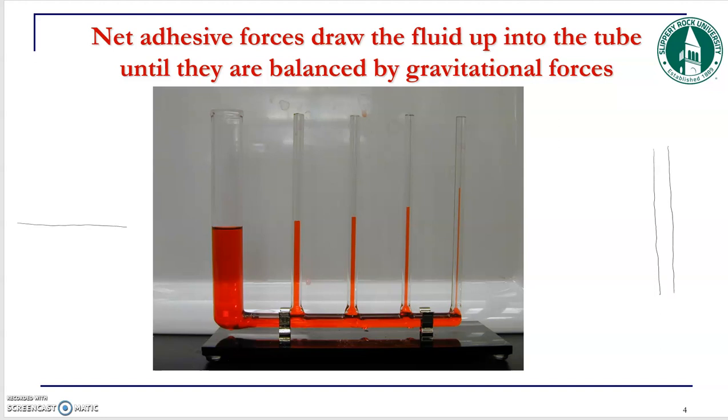So consider that you have a horizontal tube, this is a narrow tube, and you put it in contact with water, and assume that this tube is water wet. So it means that it likes water more than other fluids. So if you put this in contact with water, then the water starts to wet the surface, right?